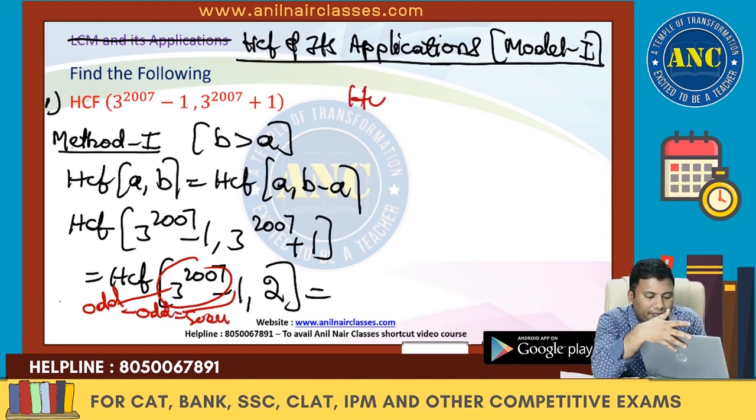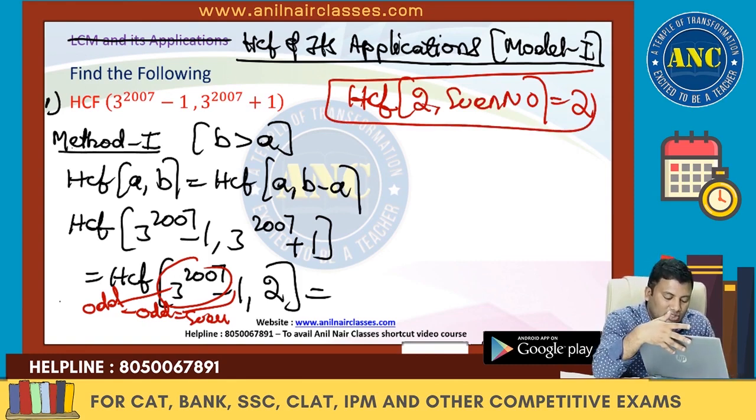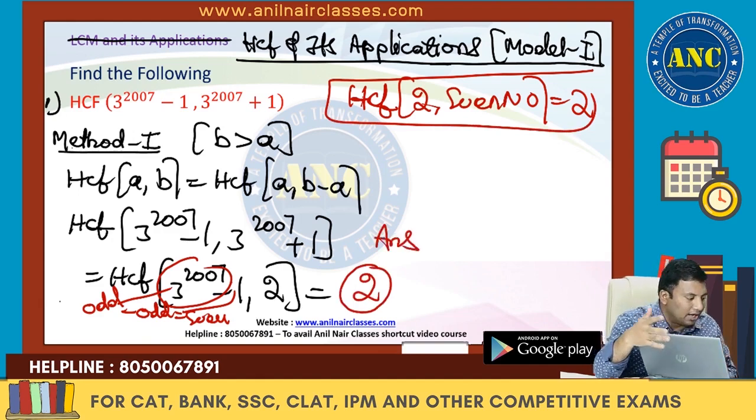HCF of 2 with any even number, the answer is always 2. So for the first one, according to method 1, the answer is 2.